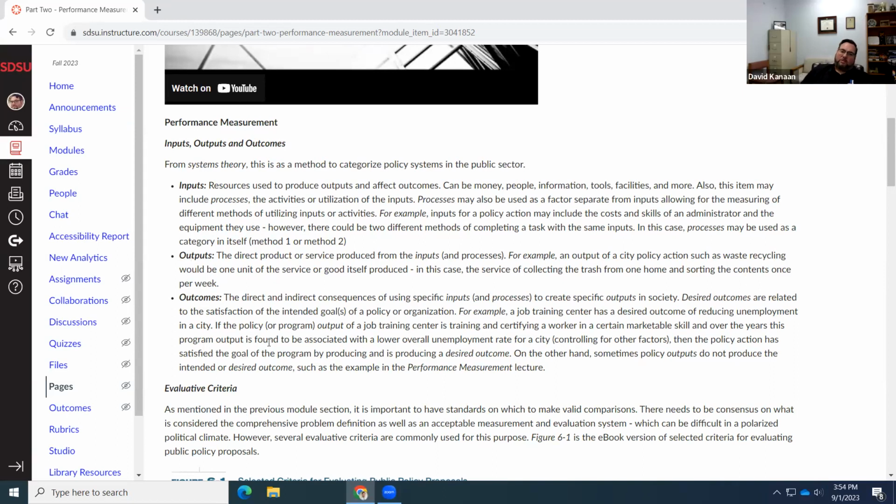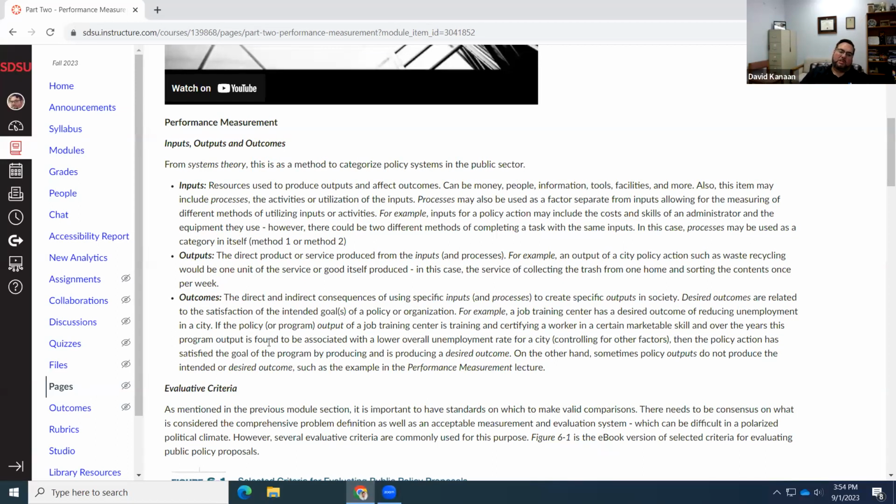For this course and for most courses, an output would be the direct product or service created by inputs. Inputs are resources, could be the salary of an employee, could be the paper they're using to write on, whatever, the office space. Those are inputs.